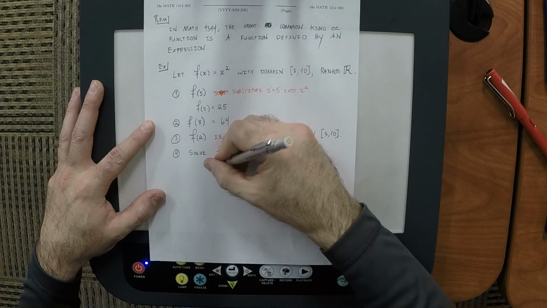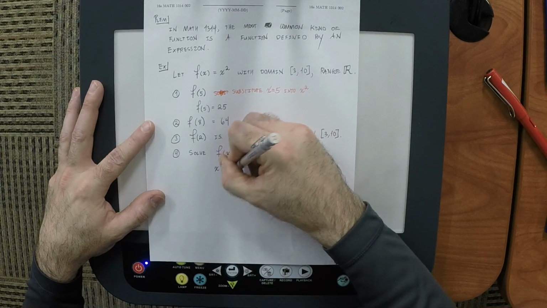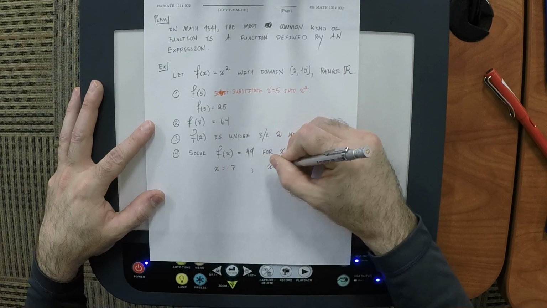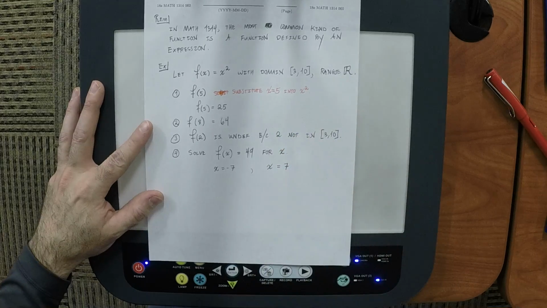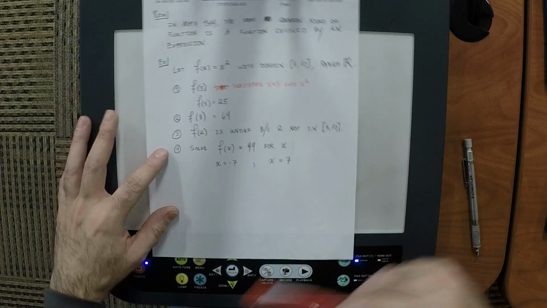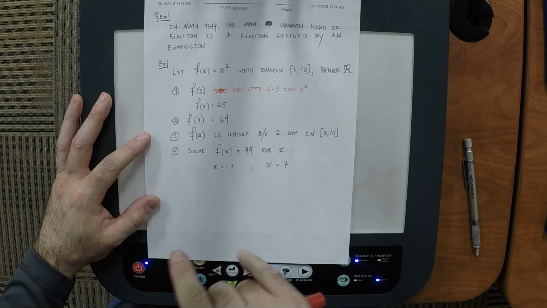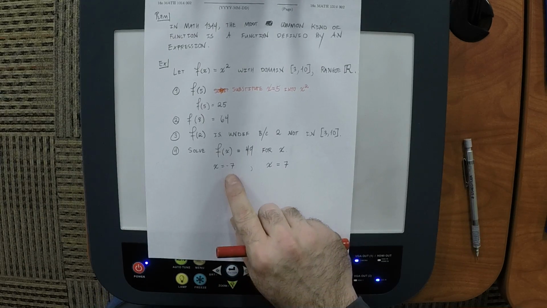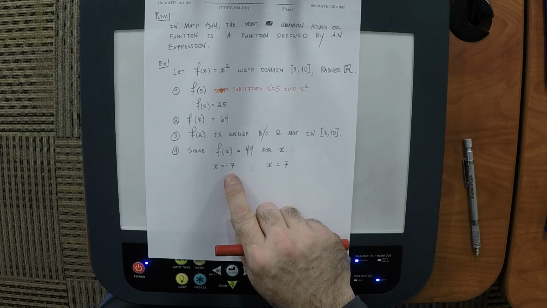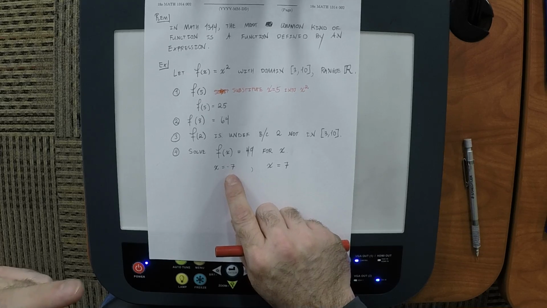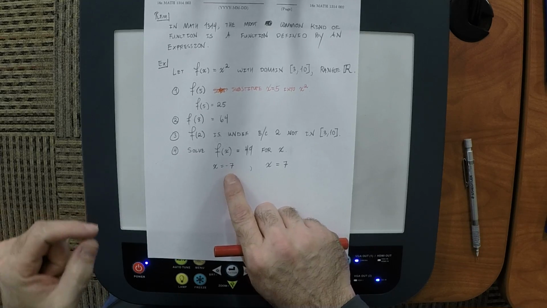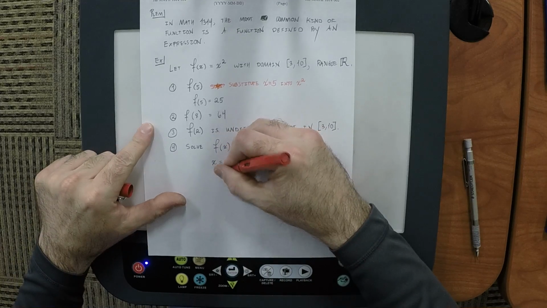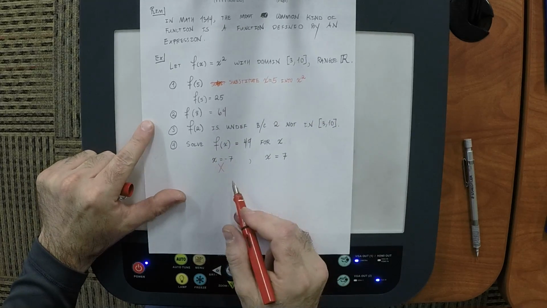It's not in the domain. Oh, right. The domain is 3 to 10. But what I want to point out is that, so do we agree that when you square negative 7, you get 49, and when you square 7, you get 49? However, this one is not a solution. Why not?